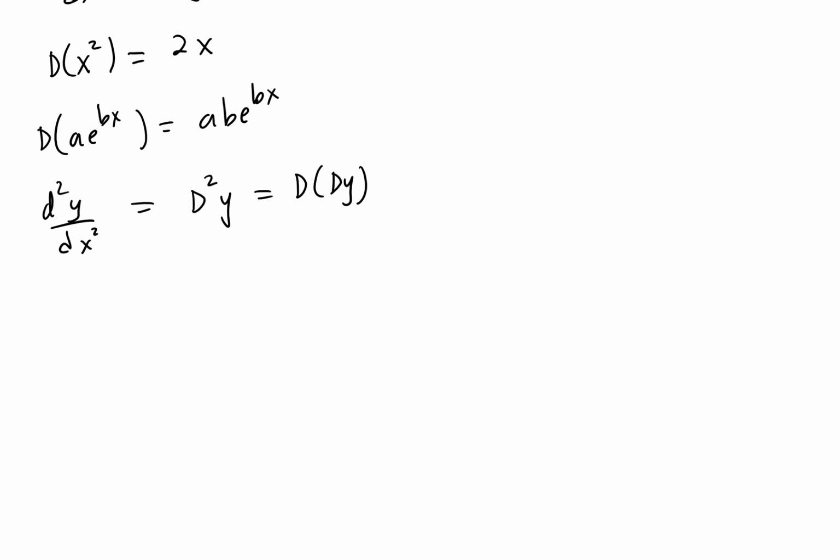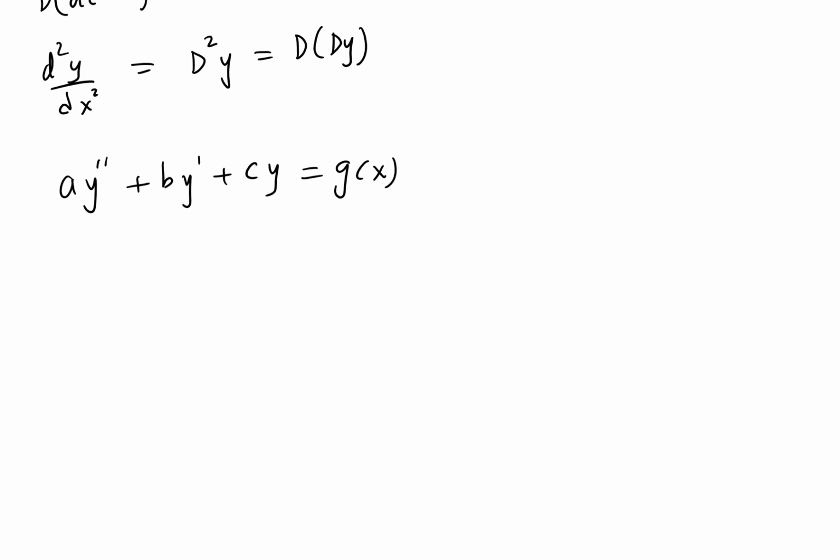We can apply these differential operators to differential equations. If we have a differential equation a y double prime plus b y prime plus c y equals g of x, we can rewrite this using differential operators as (aD squared plus bD plus c) y equals g of x. Notice on the left-hand side I can factor y out.